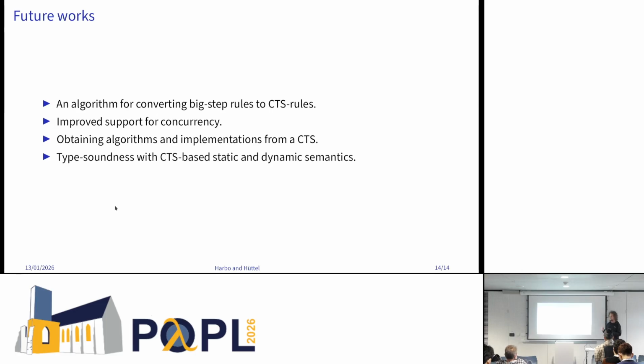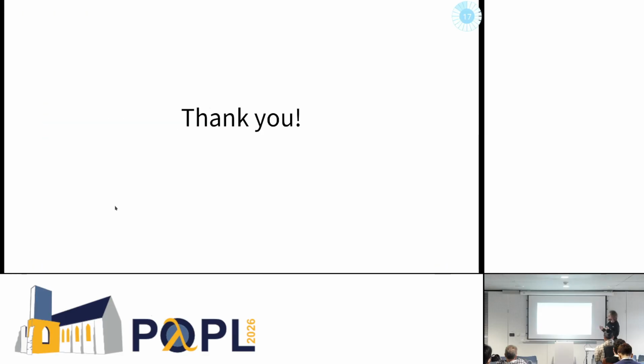Finally, since we can describe both type relations and transition relations with CTS, we'd also like to prove soundness, to prove that a static semantics is sound with respect to a dynamic semantics, where both of them are described in CTS. And as you'll see in an upcoming work, this can actually be done in a quite straightforward manner. So that was all from me. Thank you very much.